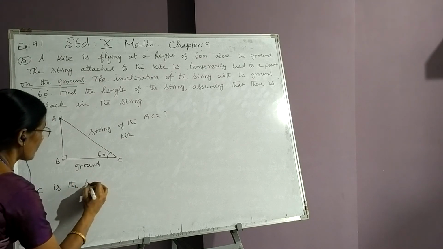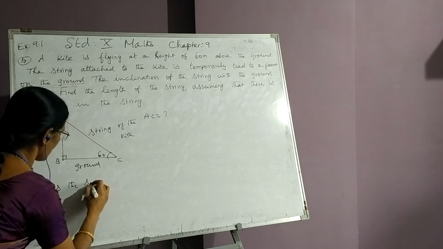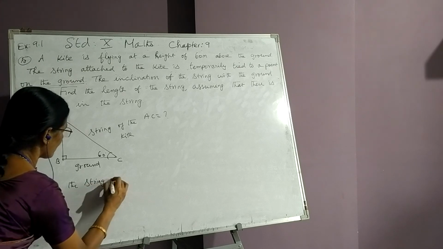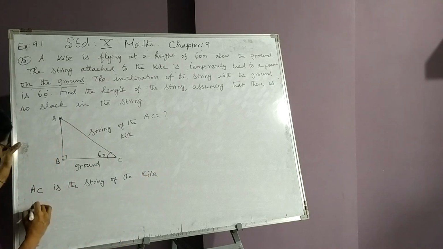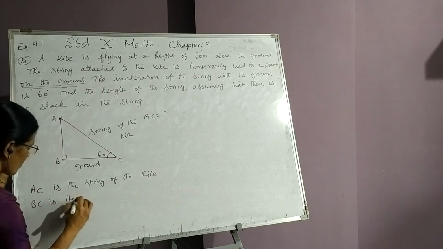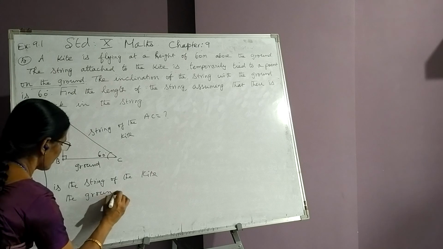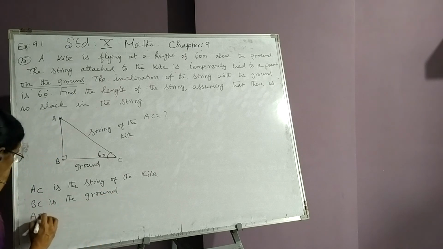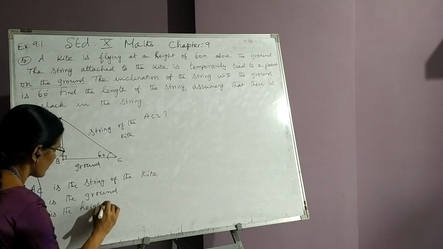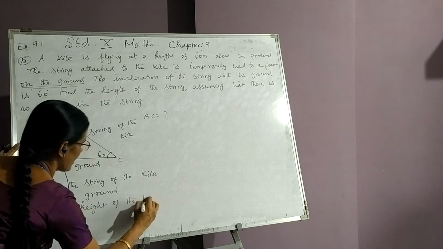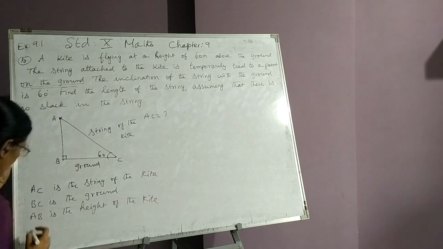AC is the string of the kite. DC is the ground. AB is the height of the kite. Height of the kite.